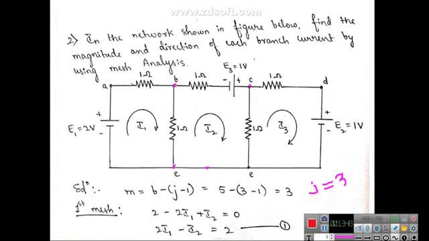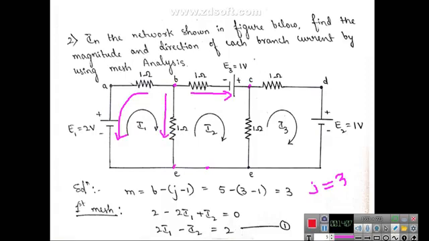So this is one branch. Similarly, between B and C, this is another branch. Then B and E, this is another branch, which is your third branch.